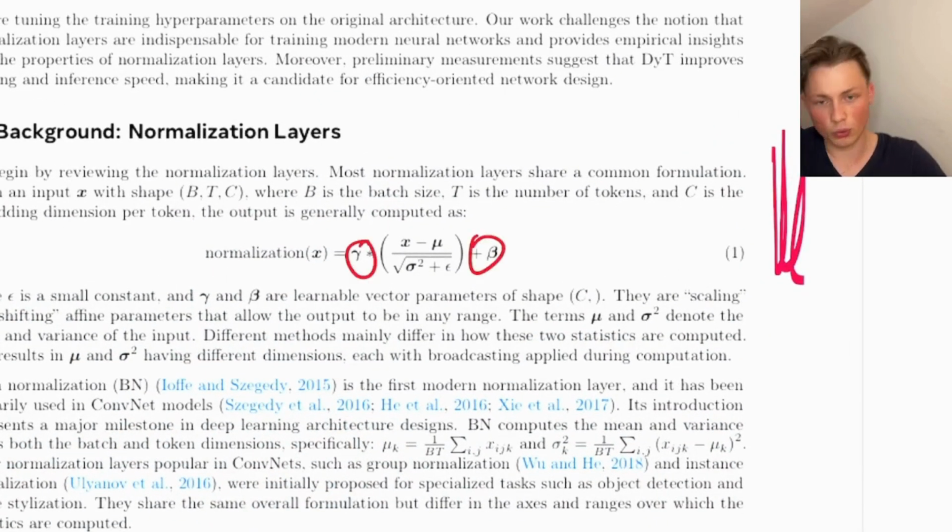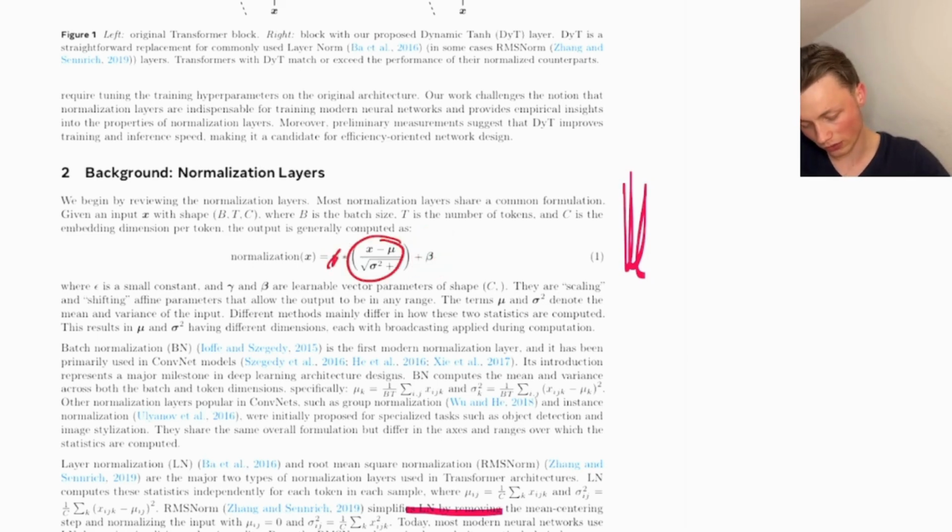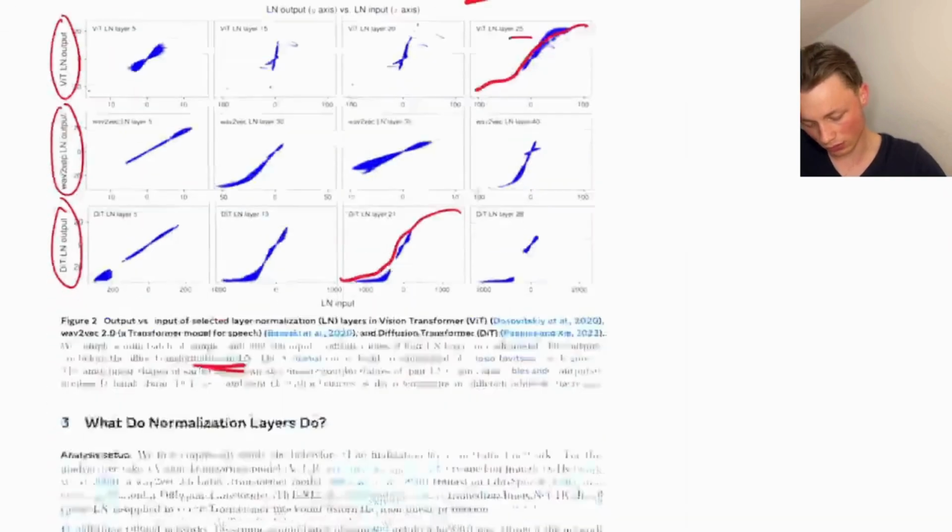This one: after we do LayerNorm or batch norm, we have two learnable parameters. Sometimes they are not even used anymore in some architectures, such as large language models. Those are learnable parameters in order to scale and add a bias to it. Okay, and in this figure they just looked at those values without the affine transformation.